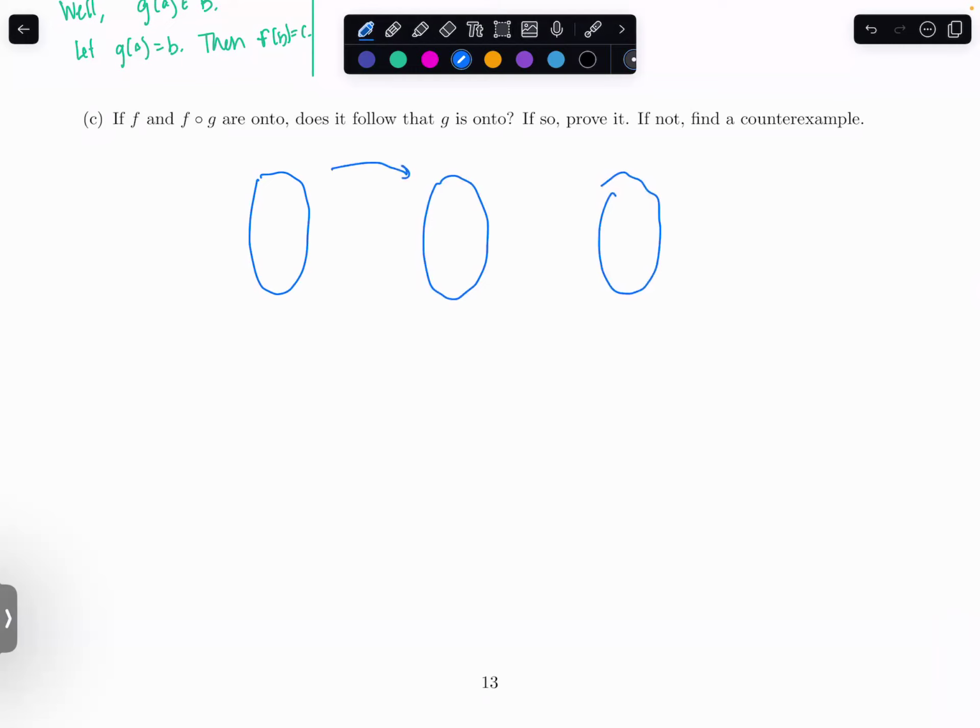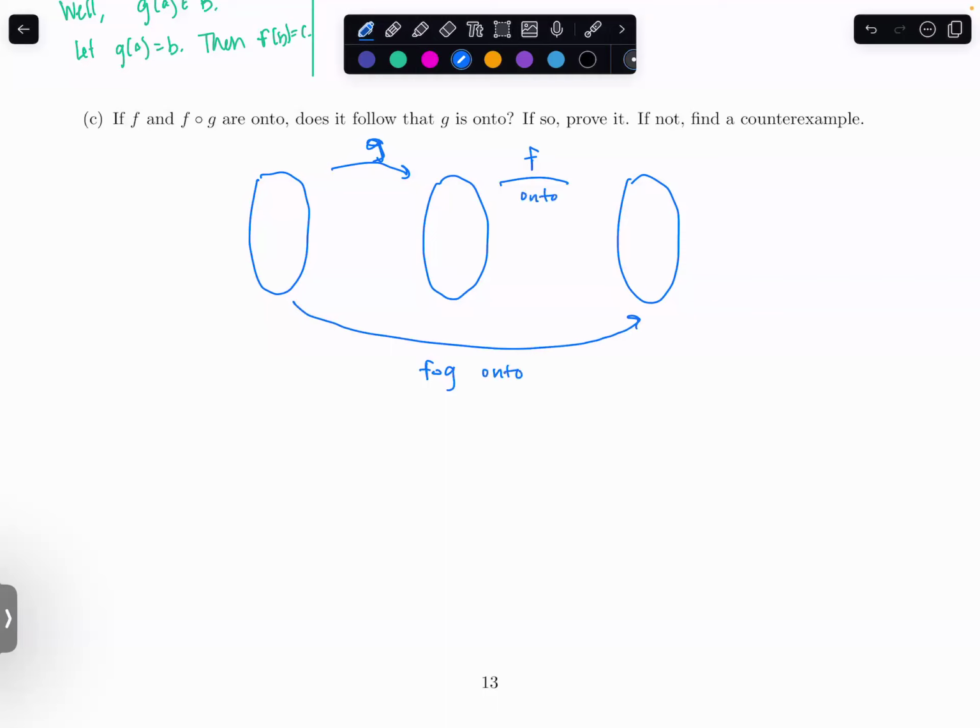Okay, so we have to think, if this whole thing, which is f of g, is onto, we just proved that this one, f, has to be onto. So the question is, is the first one, g, also onto? And the answer is no.